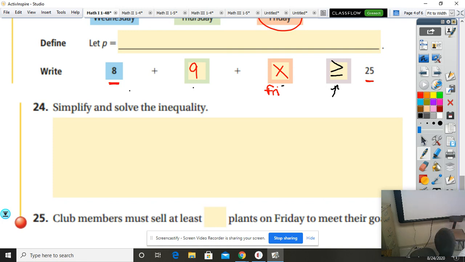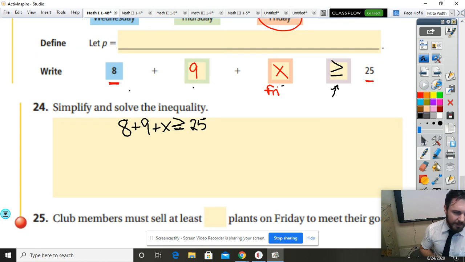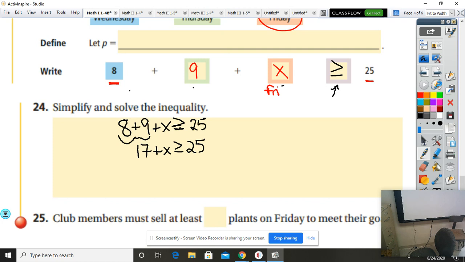So now that I have my equation, I can rewrite it as greater than or equal. I'm too much in the habit of writing the equal sign. Here, I want to simplify. I can add these two things together. So 17 plus x greater than or equal to 25.